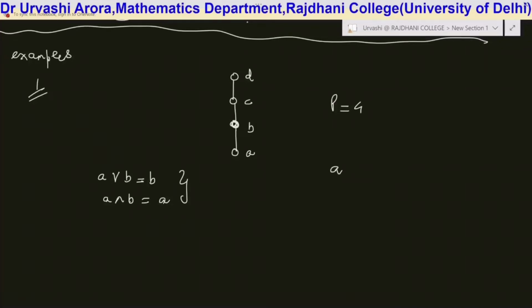Let me calculate the join of A and C. The element which is just above both A and C is C, and the element which is just below both A and C is A. So the join and the meet of A and C also exist.